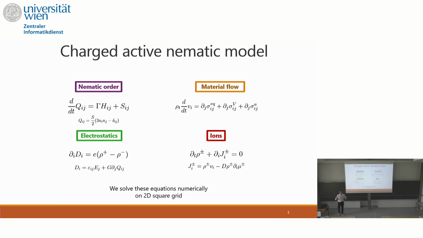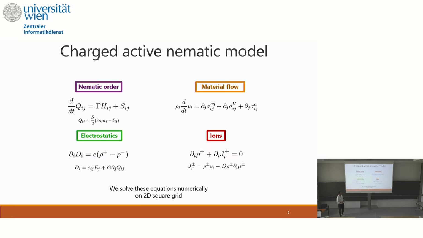Okay, now let's go to the active nematics. I'm doing simulation, so I'm solving these 4 equations numerically on a 2D square grid. So we have dynamic equations for nematic orientation, where H is the molecular field and S is the coupling between velocity and nematic orientation. So if there is velocity in one direction, the nematic molecules will also try to align in the same direction.